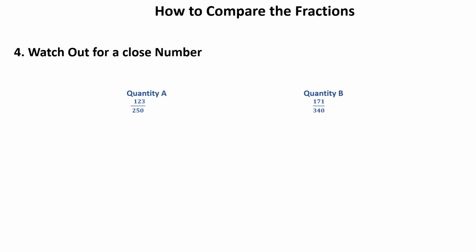Now, one thing we can observe here, each of these two fractions is quite close to 1 by 2. Do you agree with me? Yes, both of them are close to 1 by 2. So what we are going to do here is compare each of these fractions with 1 by 2. So let's do that.